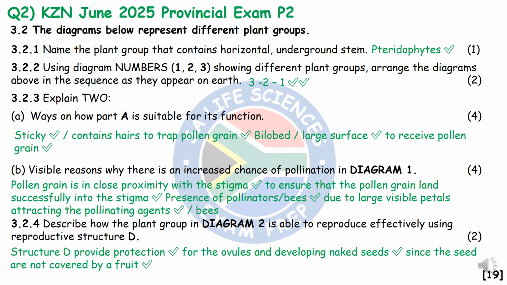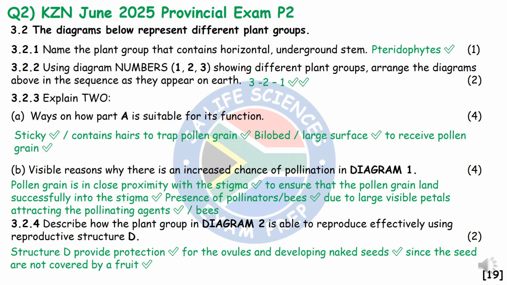B says explain 2 visible reasons as to why there is an increased chance of pollination in diagram 1. So we can say that the pollen grain is in close proximity with the stigma, right? So the structure that contains the male gamete is close to the structure that receives the male gamete, so the stigma.